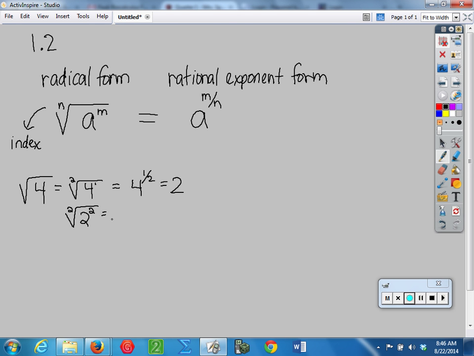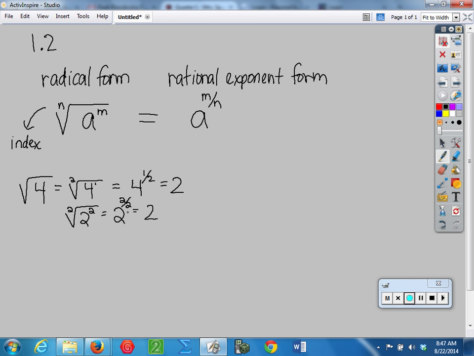It would be 2 to what power? It's 2 divided by 2, that one divided by that one. So it's just 2. It's hard to remember, but the index is always the one that goes on the bottom. Just remember the index is on the bottom.